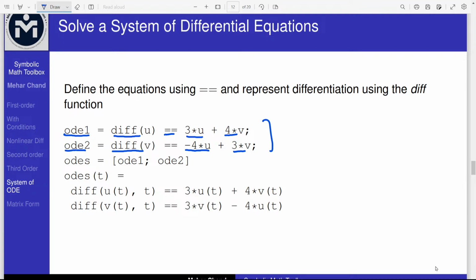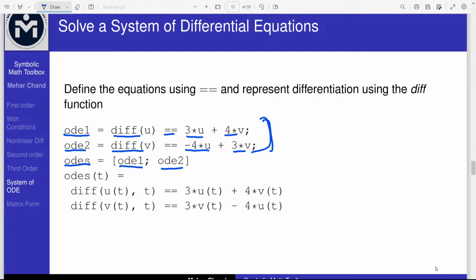You have to write all these equations systematically, and after that you can store both equations in a single assignment by using ODEs, as we did in the previous example for the conditions. But in this example we have two differential equations: this is ODE1 and this is ODE2.